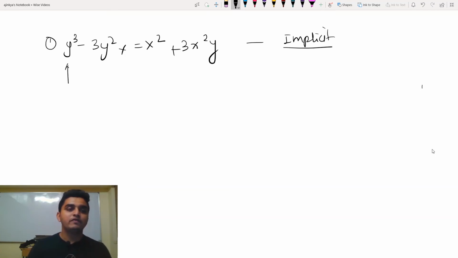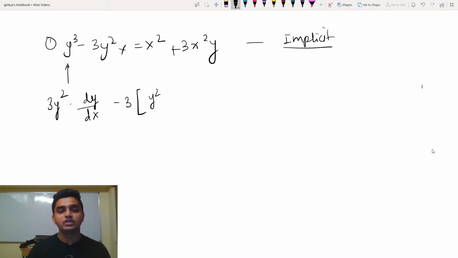When you differentiate y cube, it will give you 3y square times dy upon dx, minus 3 times, now we have to differentiate y square x. So y square, if we keep it constant, x differentiation is 1, plus x times 2y times dy upon dx.